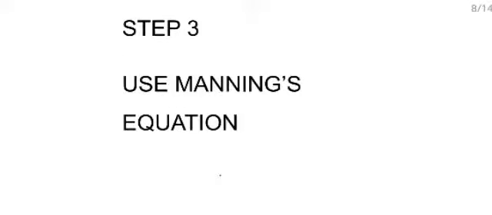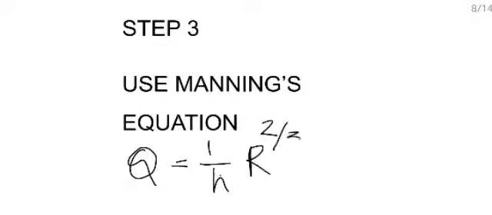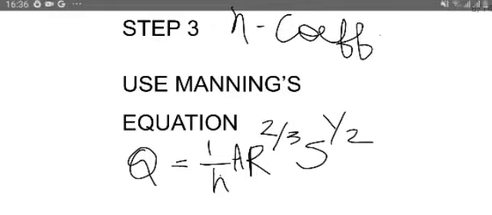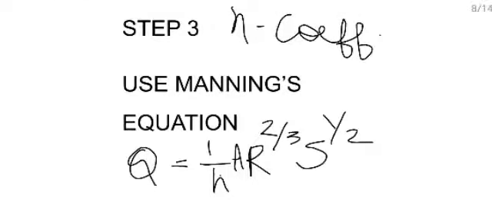Next we go to the design section. How do we find the dimensions of the pipe? Use Manning's equation, which is Q equal to 1 by n, R raised to 2 by 3, S raised to half, multiplied by area, where n is Manning's coefficient, which depends on the surface roughness.